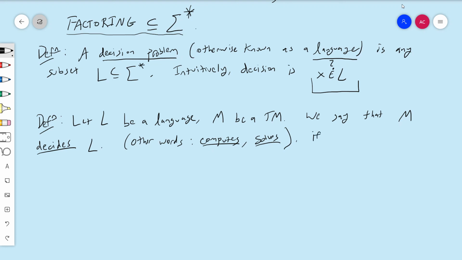If the following is true, two things have to be said. One, if X is in L, then what should happen? Well, then M should accept it in some number of steps.